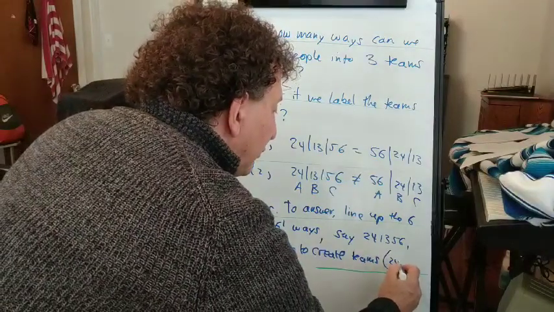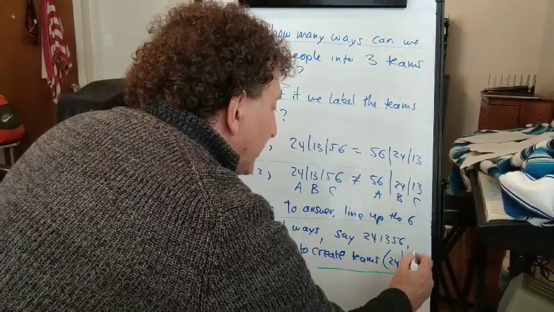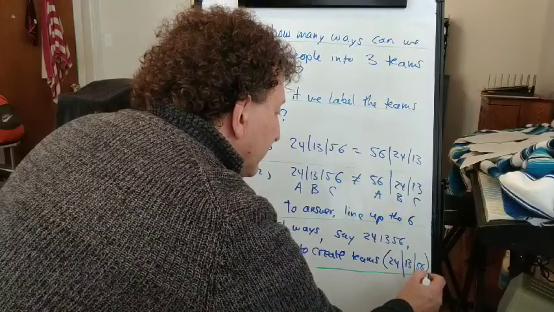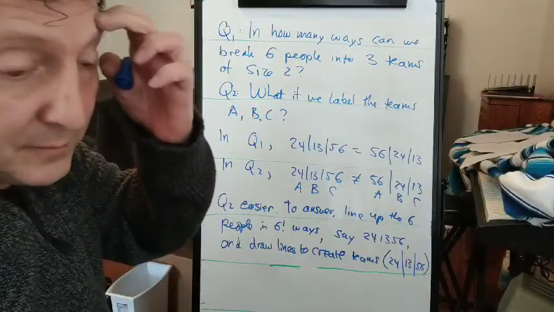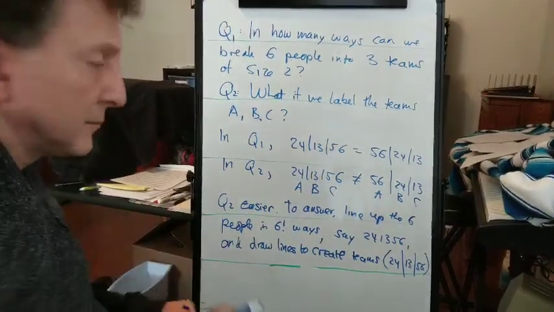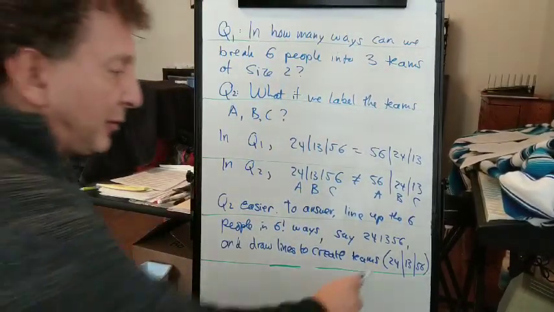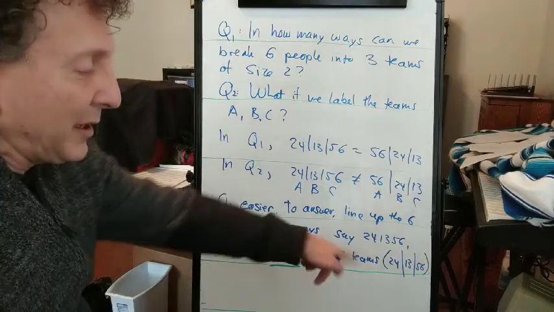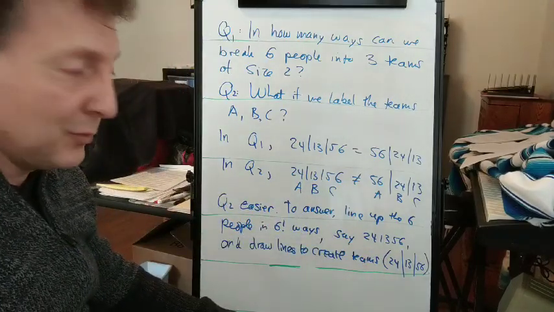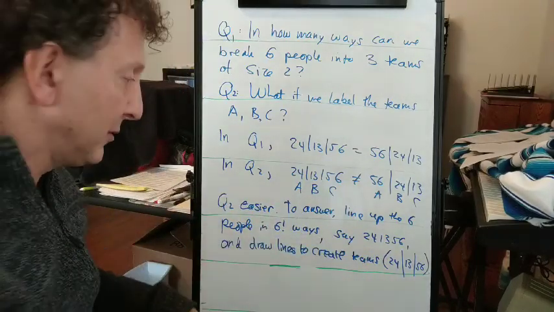So for example, 2, 4, vertical line, 1, 3, vertical line, 5, 6. Now, we have to realize that if we'd written 4 before 2, that would actually be the same team of 2 people. Person 2 and person 4 together.